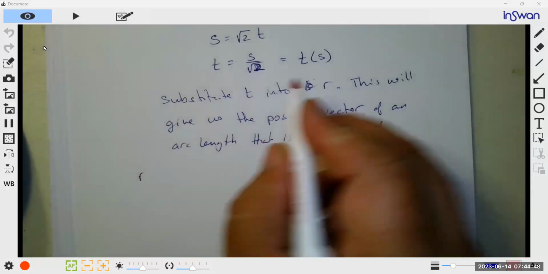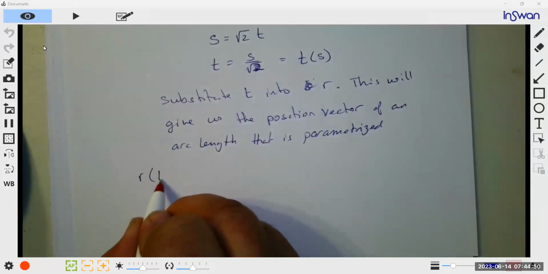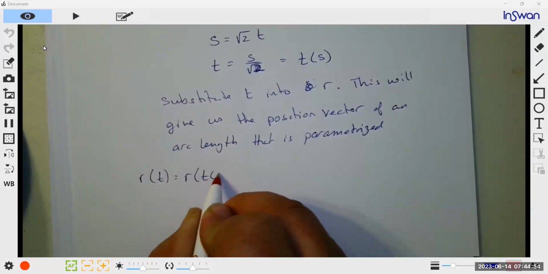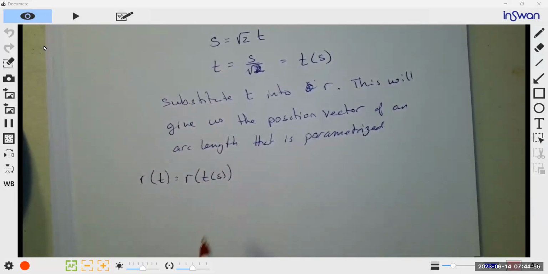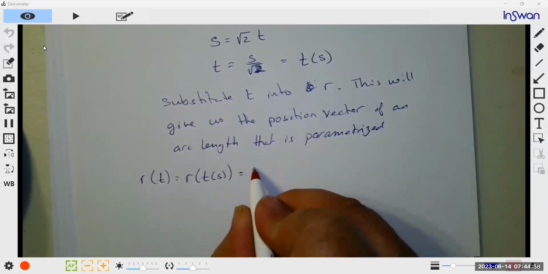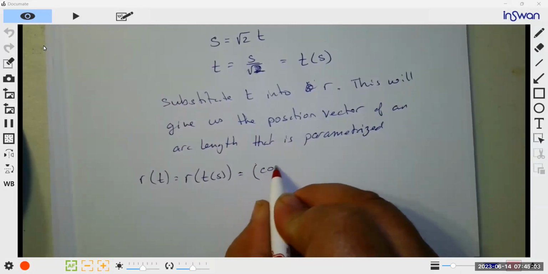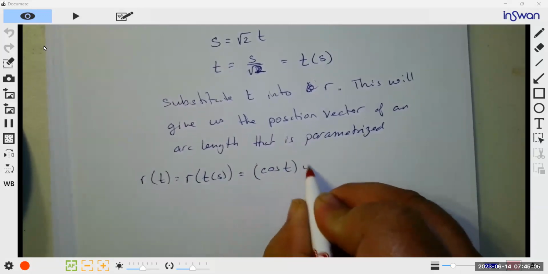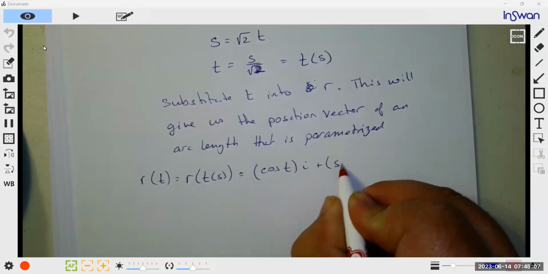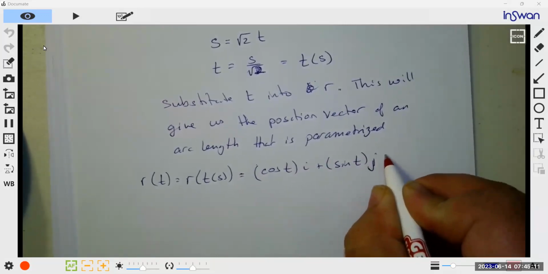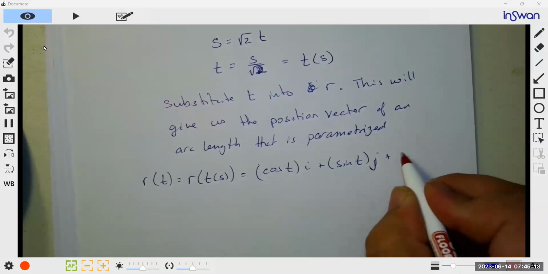So we're looking for r of t, since t is a function of s. r of t was originally cosine t i, sine t j, and t k.